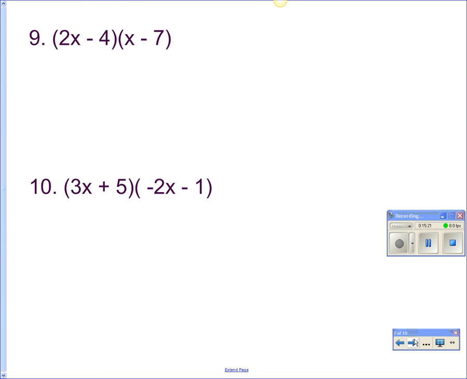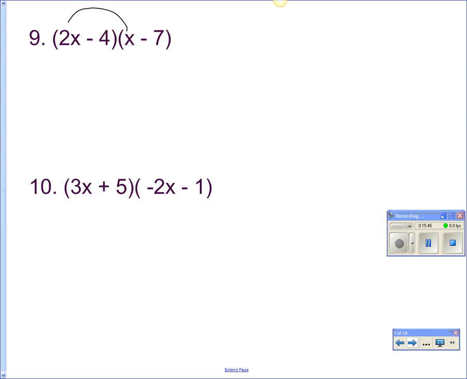All right, number 9, 2x minus 4 and x minus 7. Do it the same way we've been doing it. All right, so Hallie, what do I multiply first?